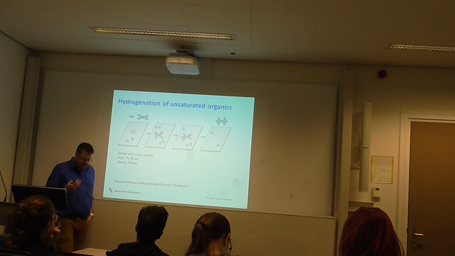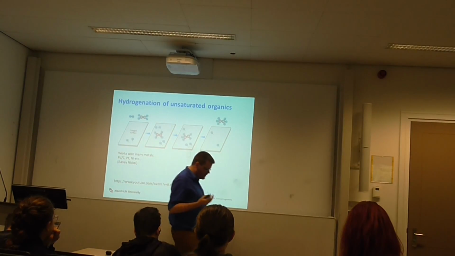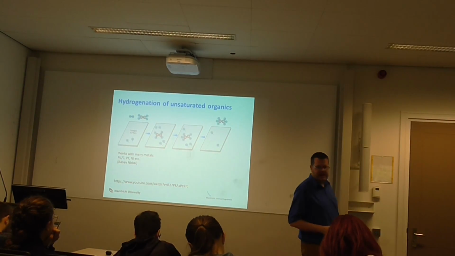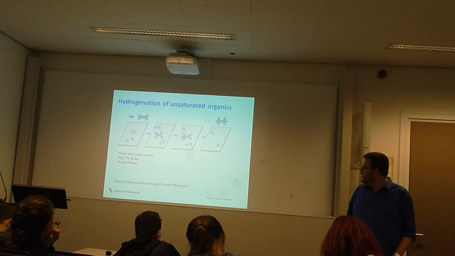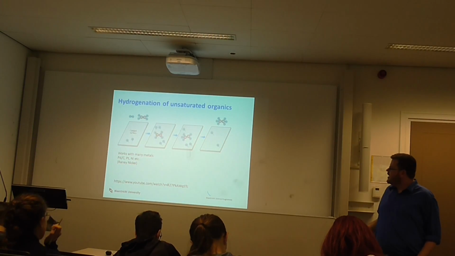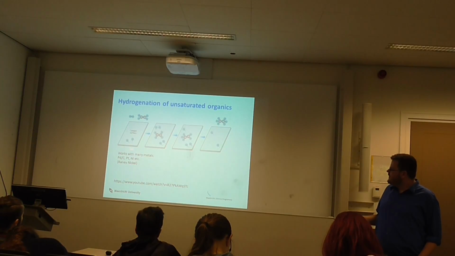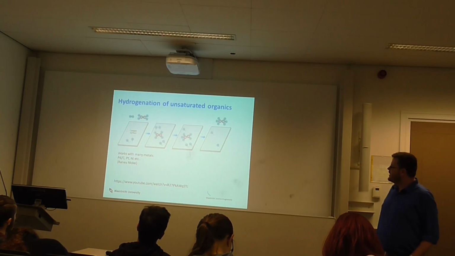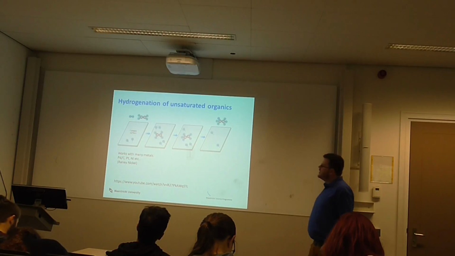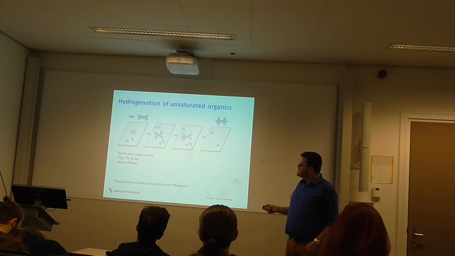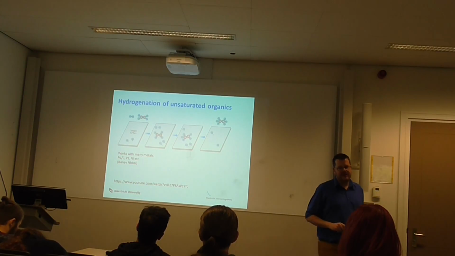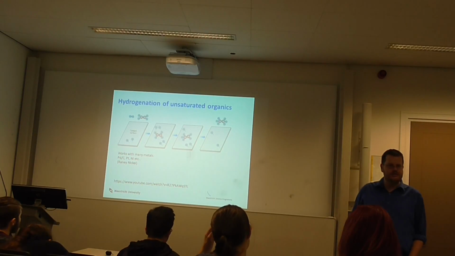Now let's look at some examples. Let's start off with a simple example of hydrogenation. So what we basically have is, we can imagine having a catalyst surface, typically a metal, and if you want to hydrogenate an alkene, it typically works over a variety of metals. Maybe some of you have done this in organic chemistry.